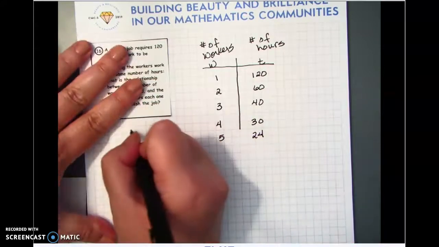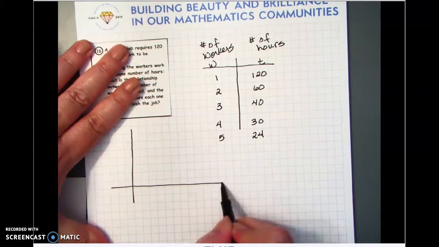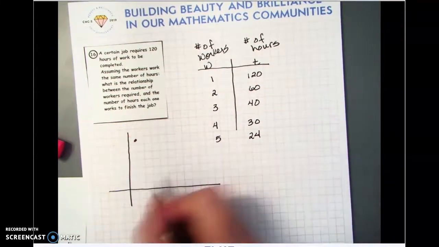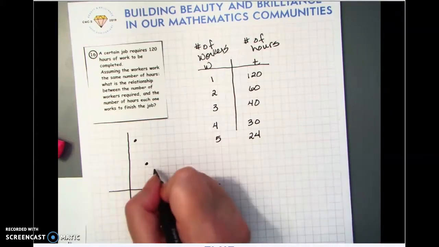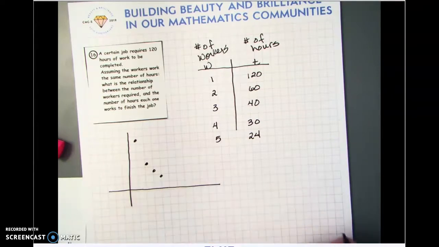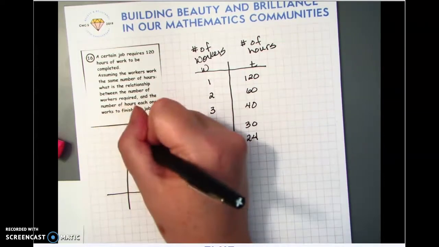So if we take a look at that, I'm just going to sketch this one because we're a little bit out of our league up here with that 120. So at 1 hour, we're up here at like 120. And then at 2 hours, we're halfway up. And then at 3 hours, we're a third of the way up. And then at 4 hours, we're a fourth of the way up. And at 5 hours, we're like a fifth of the way up.